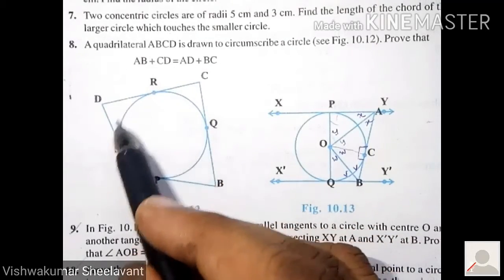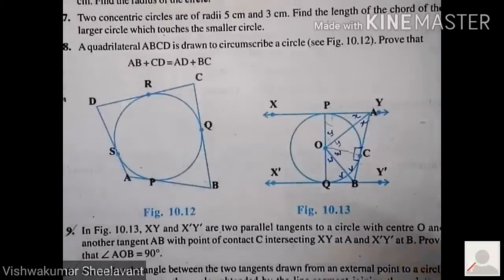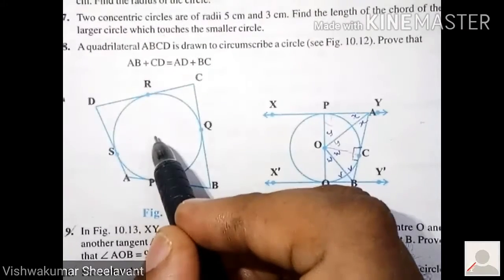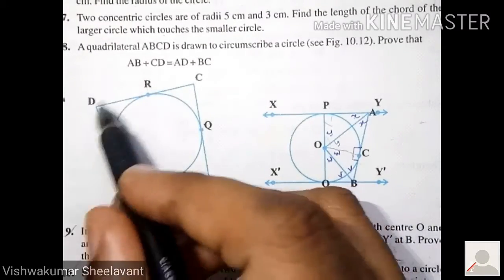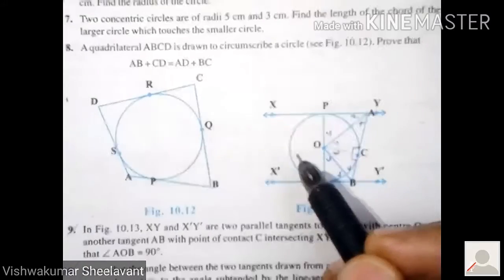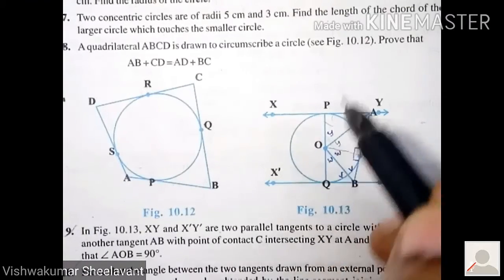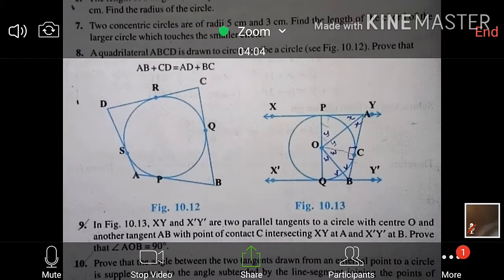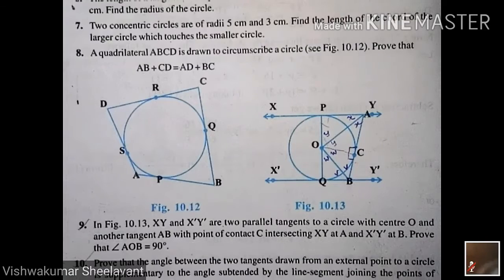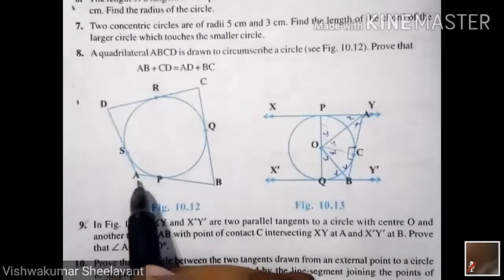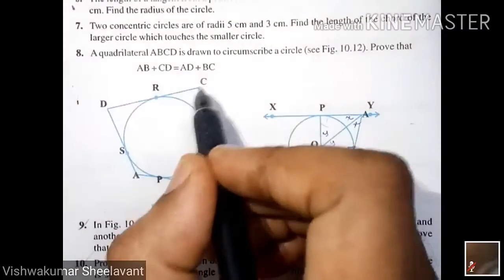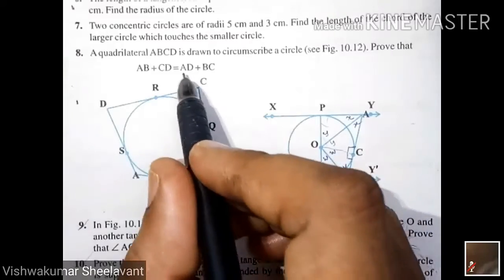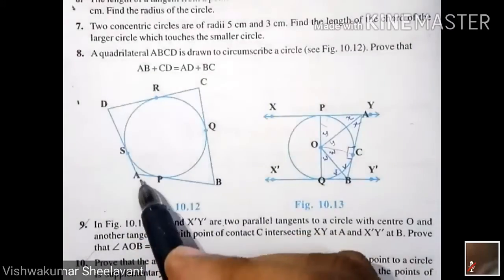This is a circle, and this circle is circumscribed by a quadrilateral ABCD. We have to prove that the sum of sides AB and CD is equal to the sum of sides AD and BC, that is AD plus BC.